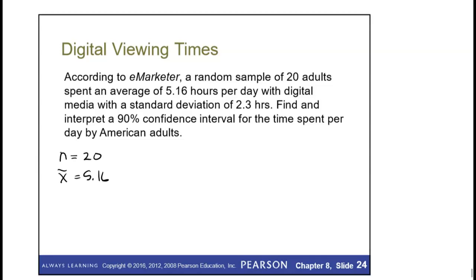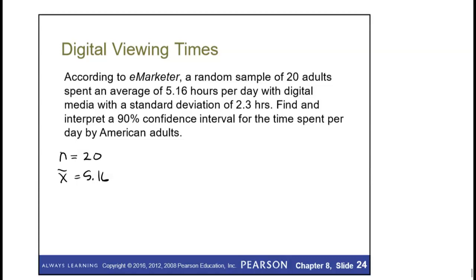5.16, because 20 adults. And here's where you need to be careful, because you're going to have to read a problem and know, well, are they giving me the population standard deviation, or are they giving me the sample standard deviation? So you got to read the problems very carefully. In the last ones we did, it was very clear that it said the population standard deviation.